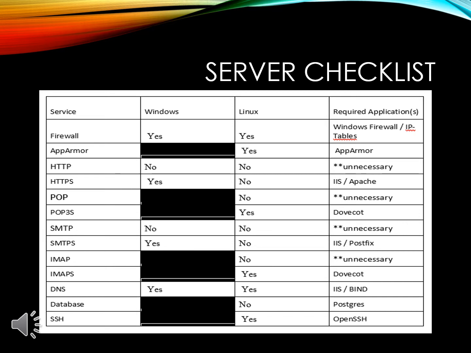HTTPS was configured in Windows using IIS, and I attempted to configure it in Linux, but with no success using Apache. POP3 was unnecessary, so it was filtered out. POP3S was configured using Dovecot in the Linux server.